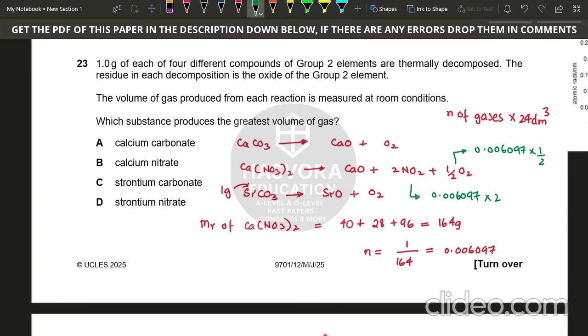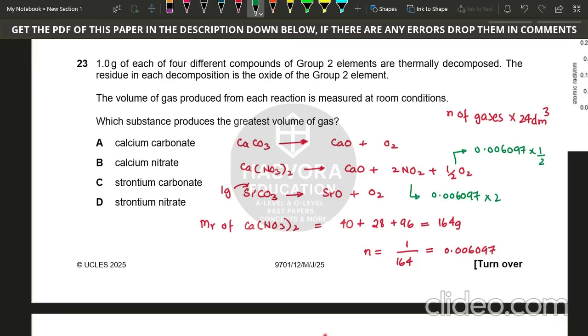So 0.006097 into 0.5, and then plus 0.006097 into 2. Okay, so it will give me the total moles of the gases. So it is giving me 0.015 moles.